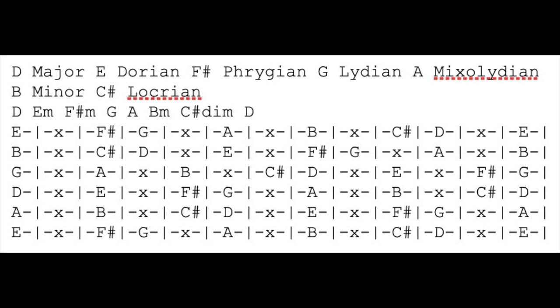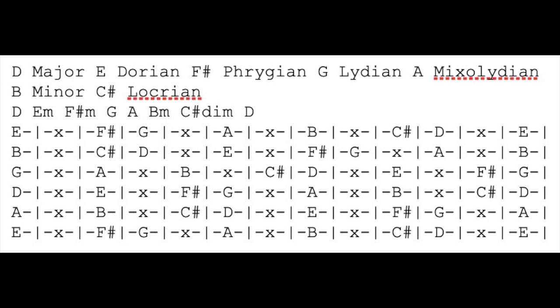Obviously I pulled up the fretboard here, so just to talk real quick about the notes that we're using here. We're using D, E, F sharp, G, A, B, and C sharp. So again, D major, E Dorian, F sharp Phrygian, G Lydian, A Mixolydian, B minor, and C sharp Locrian.